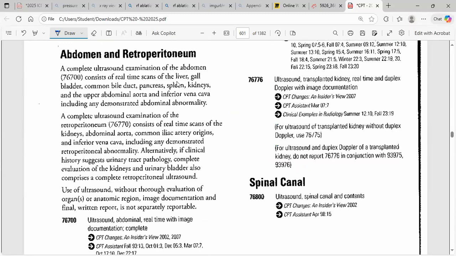Whenever, with the help of ultrasound, the liver, gallbladder, common bile duct, pancreas, spleen, kidneys, upper abdominal aorta, and inferior vena cava have been visualized, that is 1, 2, 3, 4, 5, 6, 7, 8. When all 8 elements have been reviewed, then we are going to consider it as complete.